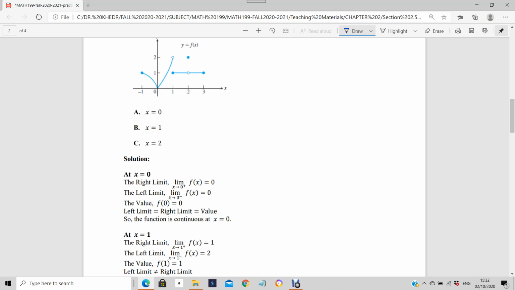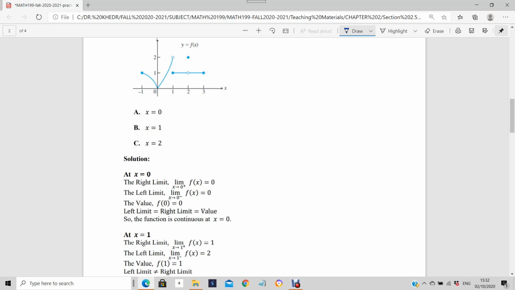So to the left of 1, if we are getting closer to 1 from left side, the value of y is 2. So the left side limit is 2. And if we are getting closer to 1 from right side, we have to follow this line, because this is the part of the function for x greater than 1. The value of y is 1. So the two-sided limits here are not equivalent. So there is no limit for the function.